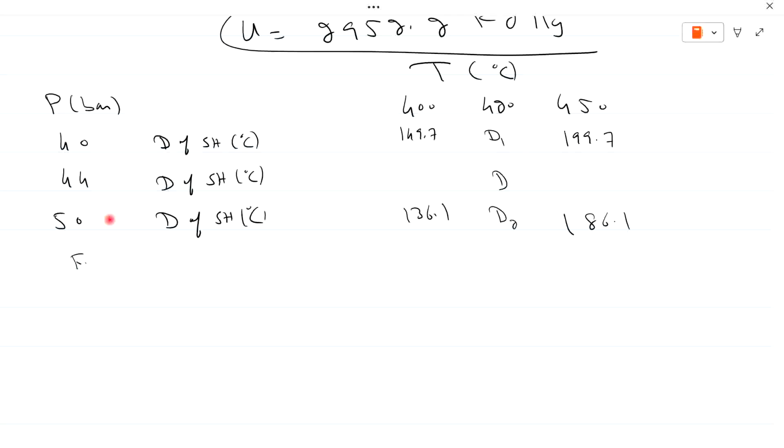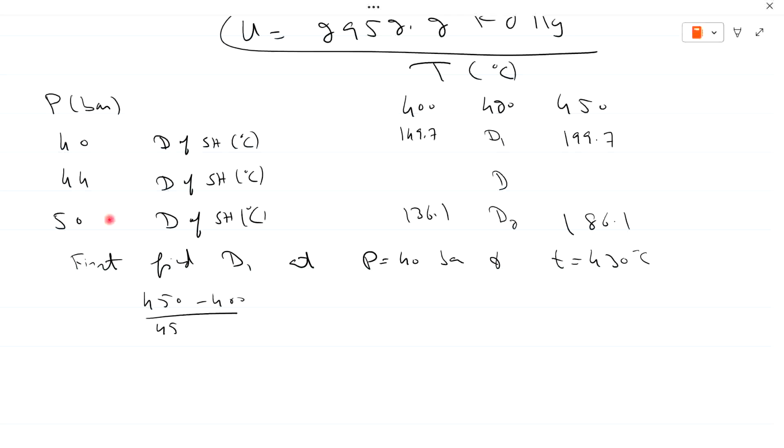First find D1 at pressure equal to 40 bar and temperature equal to 420 degree centigrade. So third minus first, (450 minus 400) divided by third minus second, (450 minus 420) is equal to (199.7 minus 149.7) divided by (199.7 minus D1), degree of superheat at point 1.